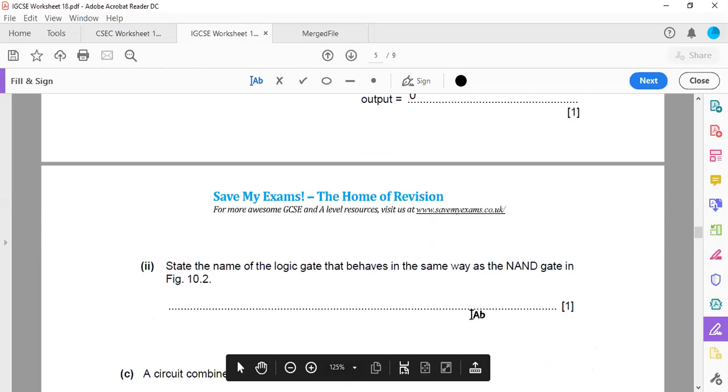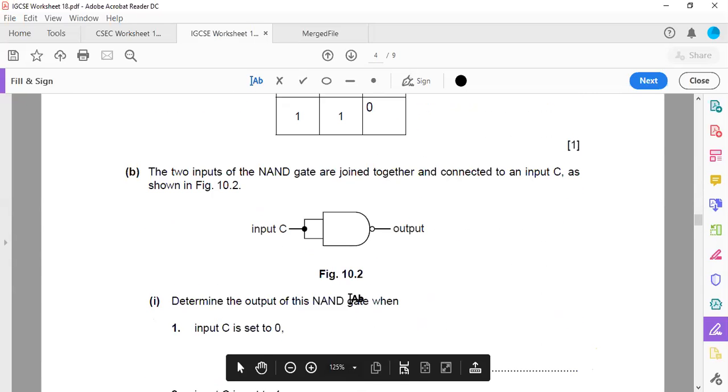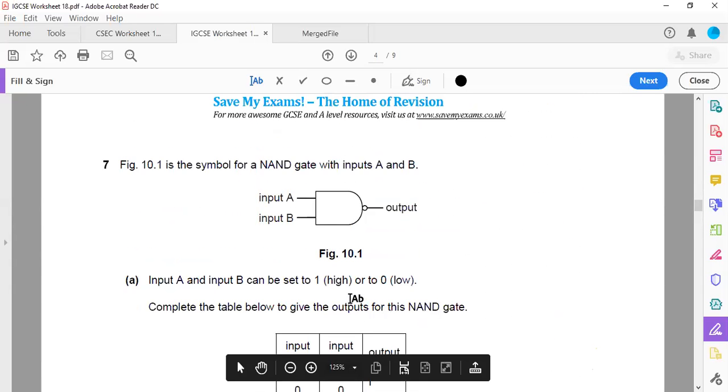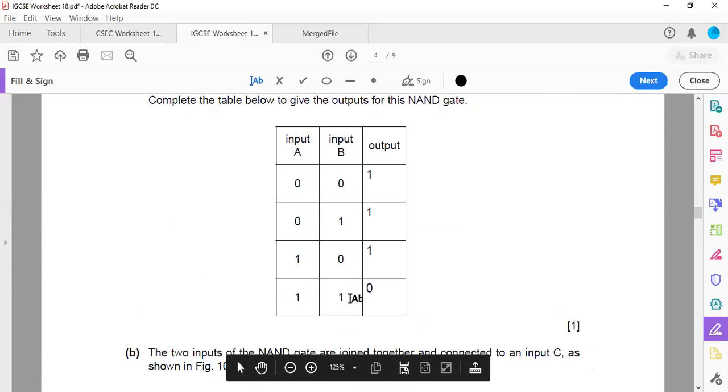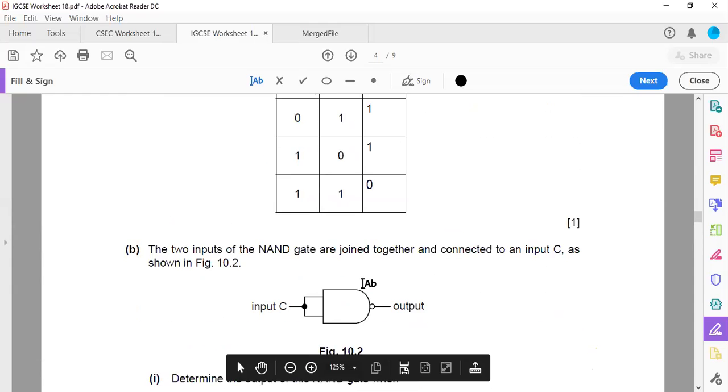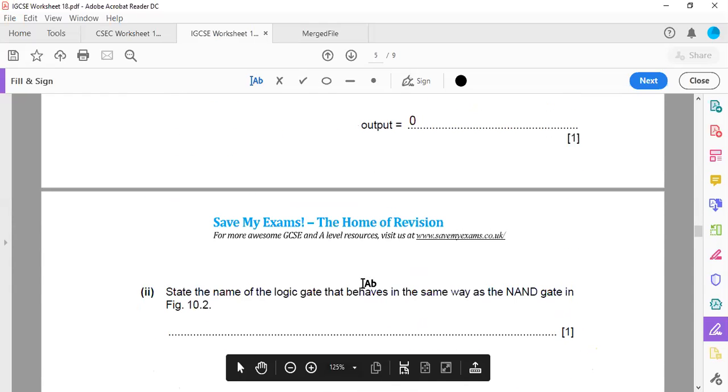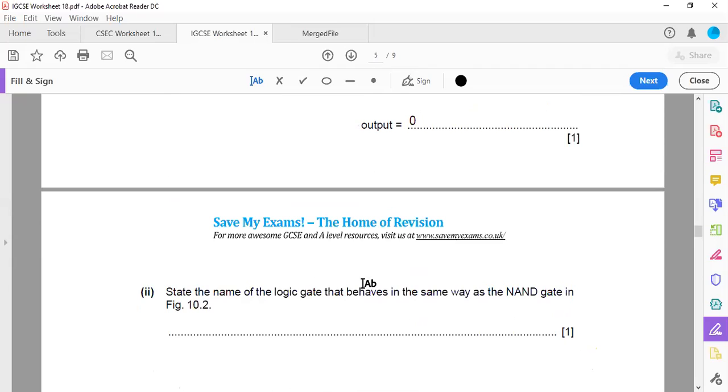Again, name the logic gate that behaves in the same way as the NAND gate in figure 10.2.